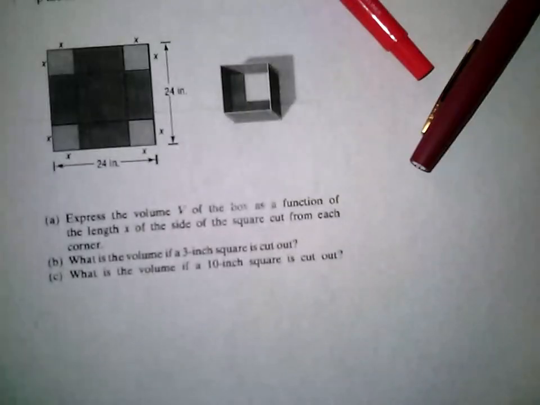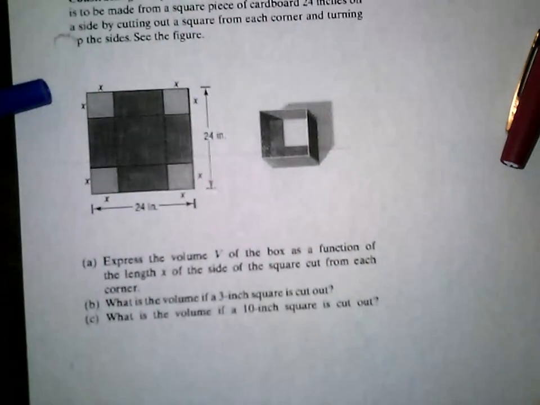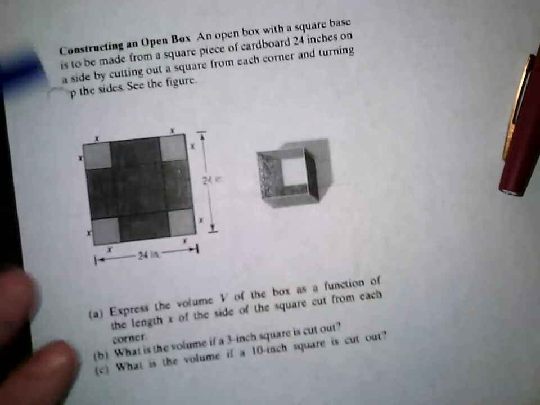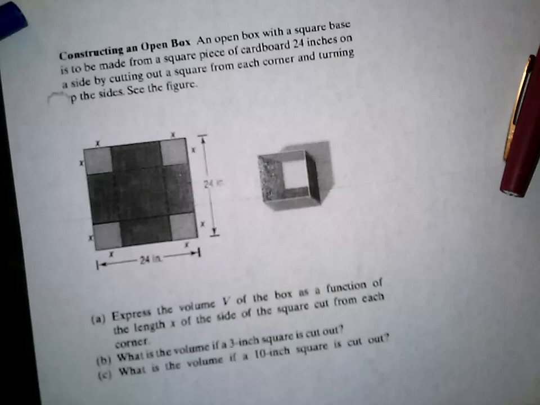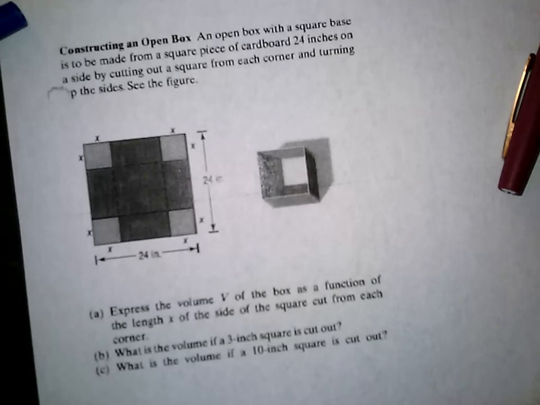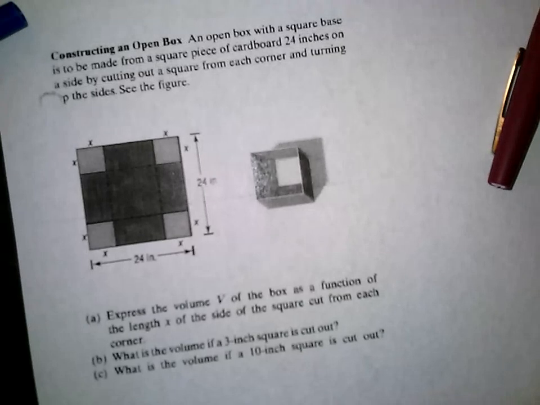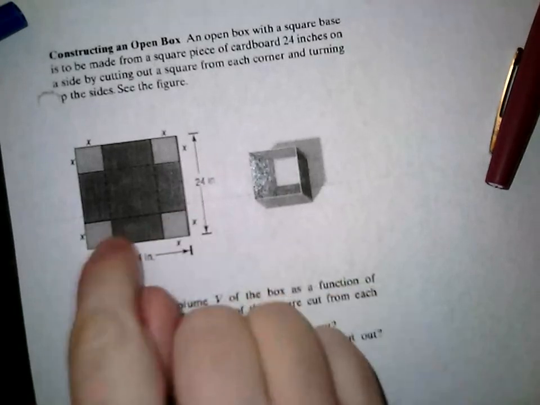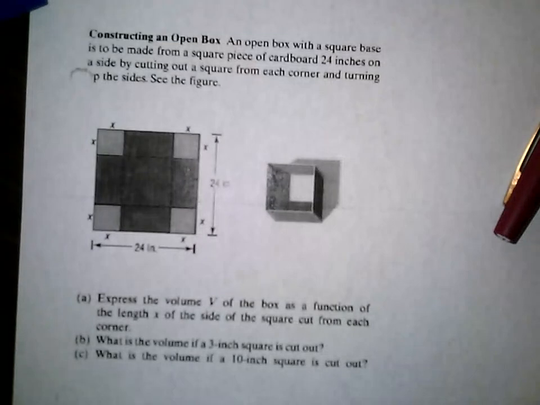And that brings us to our last problem, which is the box problem. Promised you that this one would show up lots and lots of times. So we are making a box with a square base that's going to be made from a square piece of cardboard that's 24 inches on each side. And we're going to make that by cutting out corners that are x by x in each corner.